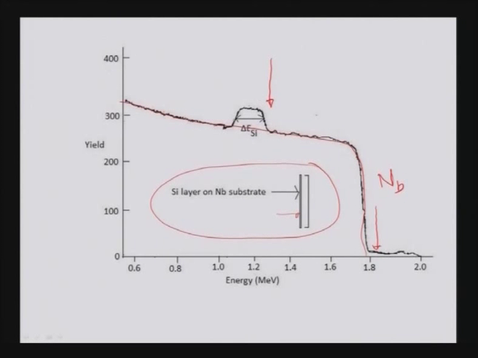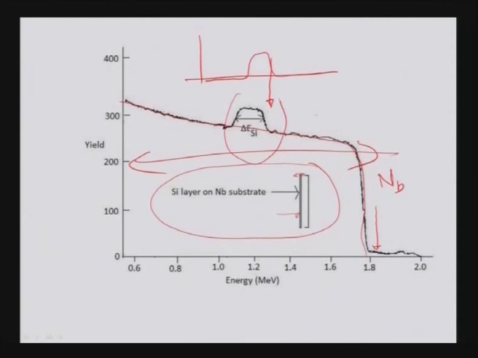So this silicon surface starts here, and then you have only a small thickness of silicon, and therefore it will end here. If it were simple bulk silicon, it would have started here, and since it is a thin layer, it could have gone here. But niobium counts are already there, right from here to here, everywhere you have niobium counts, and at these energies you also have silicon counts.